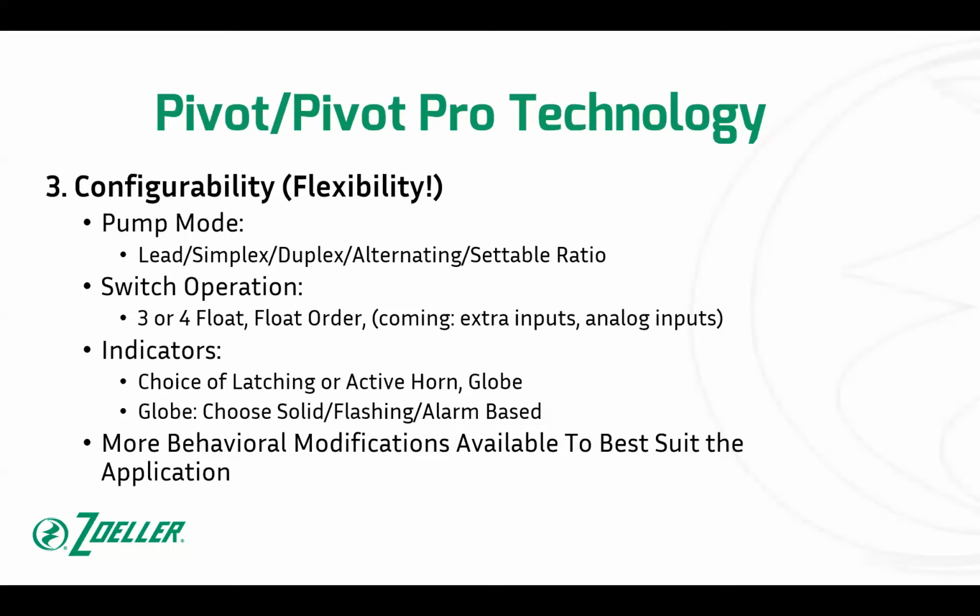So what we did is we give you either of those choices if that's what you want, but by default it's what we call alarm based. So there are different blink sequences or patterns that the globe on the top will do based on what the alarm condition is.